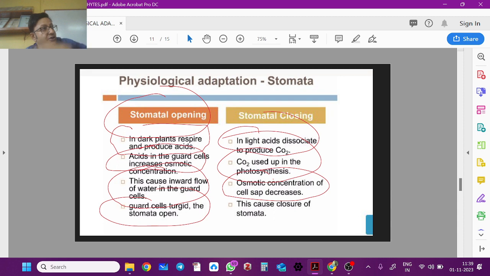Osmotic concentration has become low, so water is no longer pulled in. The guard cells, which were turgid and full of water, become flaccid, and the stomata is closed. Stomata closed means no water evaporation can take place. This happens in light during the daytime. This is a physiological adaptation.